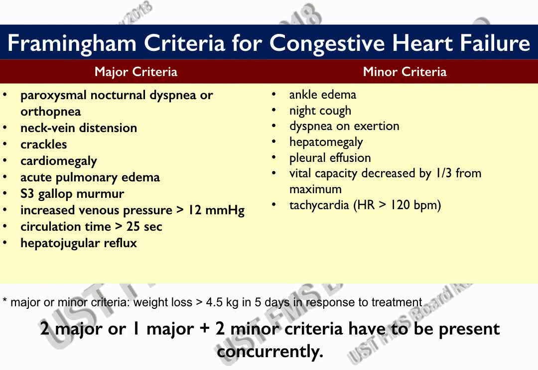Be familiar with the major criteria. The symptoms of PND or orthopnea, distended neck veins, the presence of elevated JVP or hepatojugular reflux, edema, crackles, and of course your S3 gallop. And so you need 2 major or 1 major plus 2 minor criteria to be present concurrently.